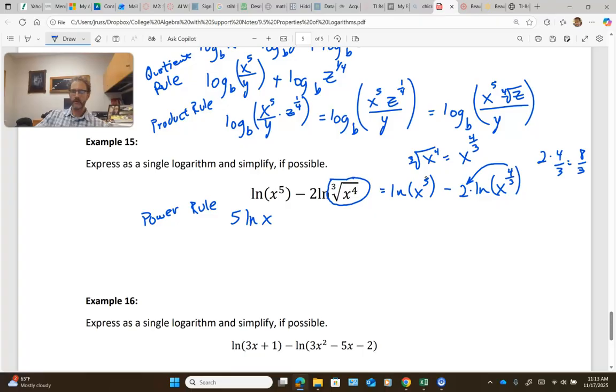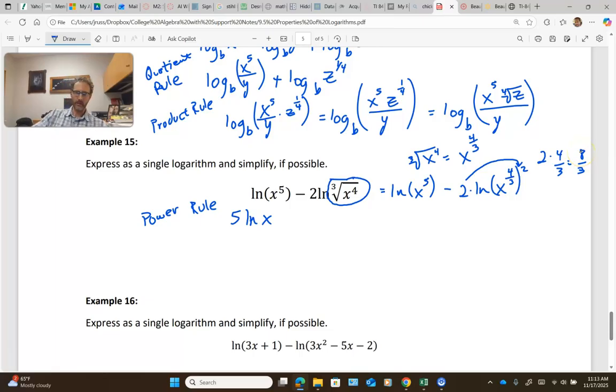Oh wait, I'm thinking about this in the opposite direction. No, I'm moving the 2 back in, but it becomes the exponent of x to the 4/3. So in any case, I have to multiply 4/3 times 2, which is 8/3.